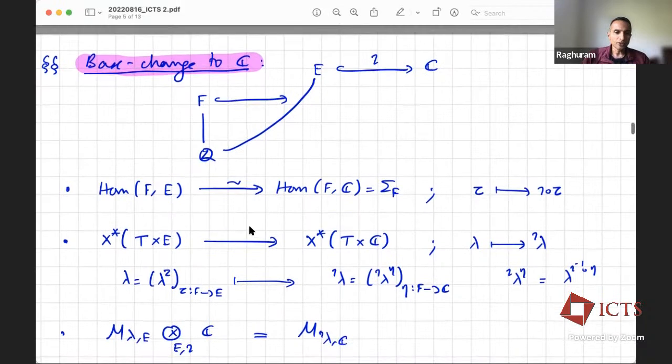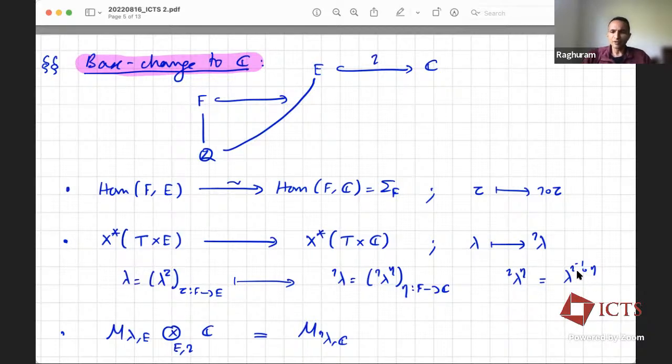This also induces a bijection from the group of characters of T cross E to the group of characters of T over the complex numbers. If lambda is written as lambda tau, with tau running over embeddings of F to E, then iota lambda has one element, iota lambda eta, for every complex embedding eta of F to C. The recipe is that the eta component of iota lambda is the iota-circle-eta-inverse component of lambda.